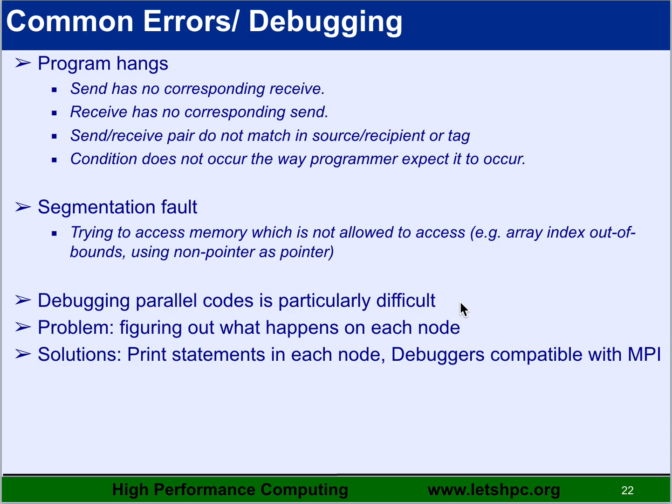So it's very important to figure out what's going on in each node. While debugging, we can always take help of print statements in each node to figure out whether we are able to send and receive data the way we expect. Or we can use debuggers which are compatible with MPI.